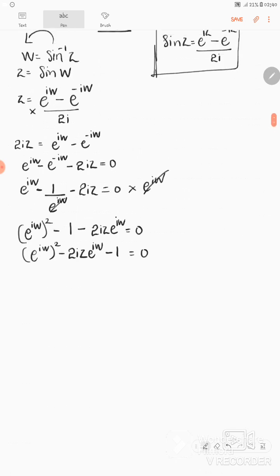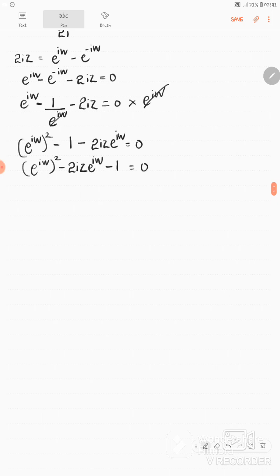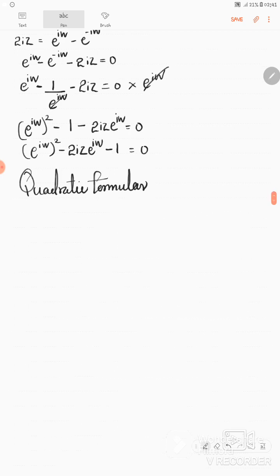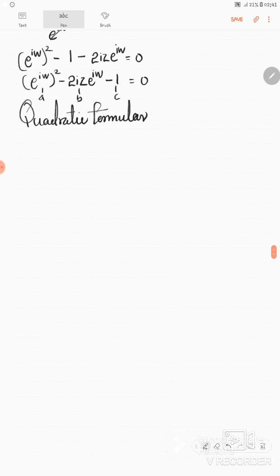Now, looking at this, we are going to solve this with the almighty formula we all know as the quadratic formula, which says that, looking at this, we have our A, we have our B, we have our C. Now, the quadratic formula states that for x, we get minus B plus or minus square root of B squared minus 4AC, all over 2A.